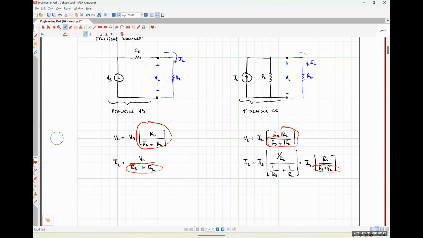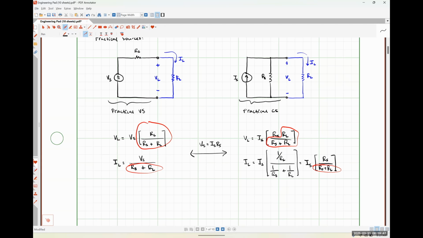So our transformation here is simply that our source voltage Vs needs to be equal to Is times Rs, which is literally just Ohm's law. So as long as the source resistance is equal in our practical voltage source representation and our practical current source representation, I can transform between these two practical sources, okay?